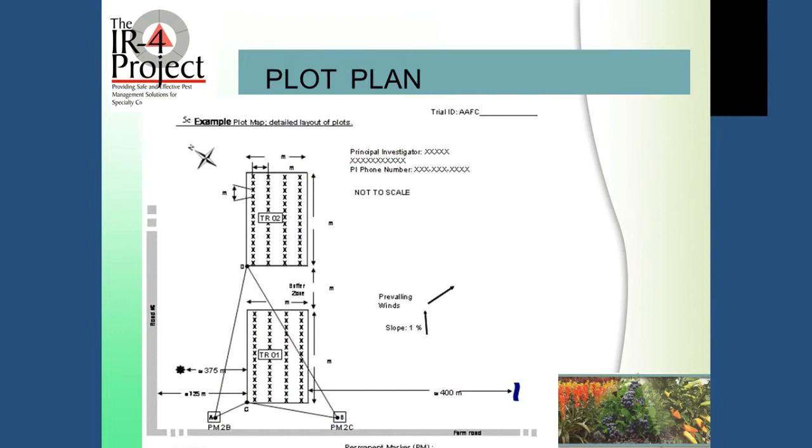A permanent marker is something that generally doesn't move. So hopefully buildings and telephone poles don't move too frequently. So you determine a point and you measure the distance from that reference point. Okay. Next slide, please.